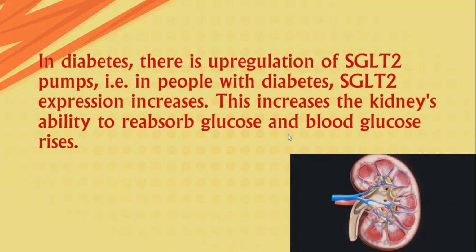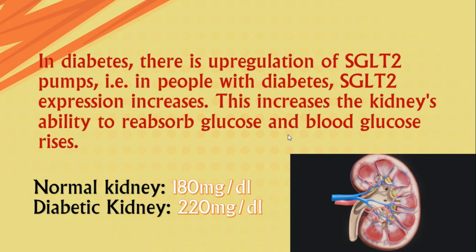Let me give it in numbers. Normally, in a person who's non-diabetic, the kidney doesn't start excreting glucose into the urine till 180 mg per deciliter. But in a person who has diabetes, the kidney does not release glucose into the urine till 220 mg per deciliter.